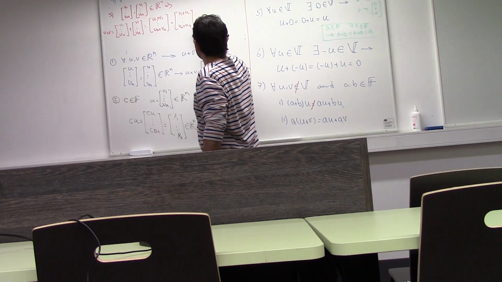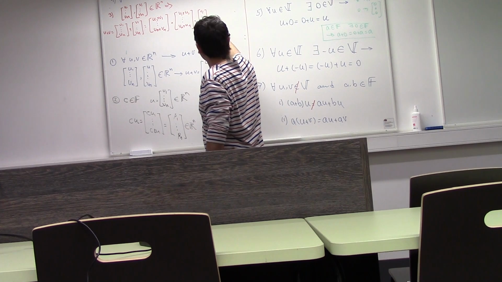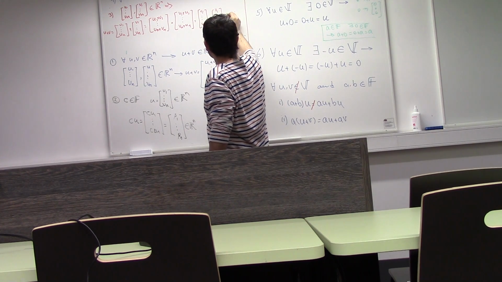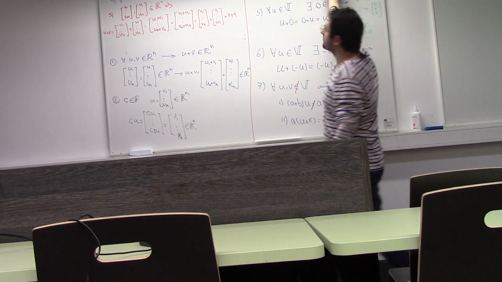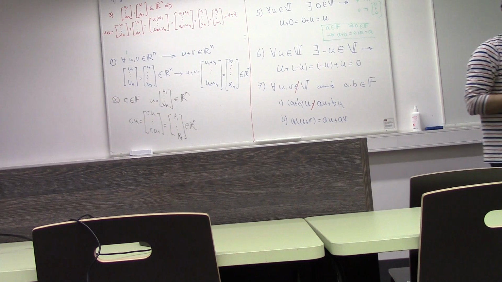And this is equal to V1 till Vn plus U1 till Un, which is equal to V plus U. So the condition is right. You can do the same for all other things.